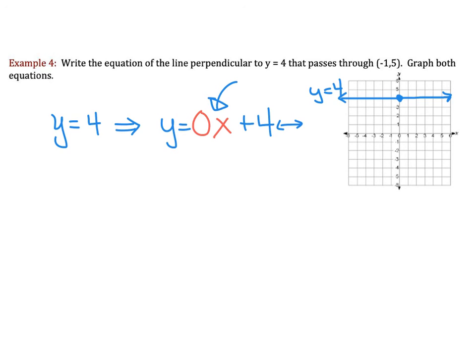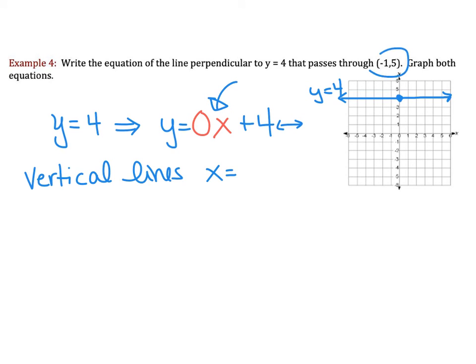So what would the perpendicular line be? Well, hopefully you realize perpendicular to a horizontal line would be a vertical line. And vertical lines are always in the form of x equals. And what would x equal?